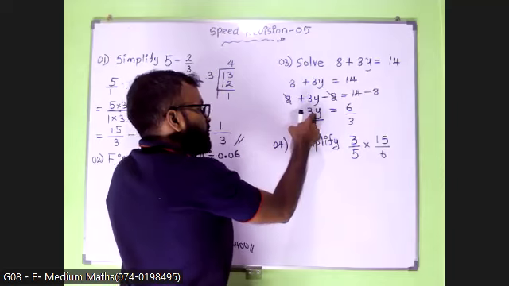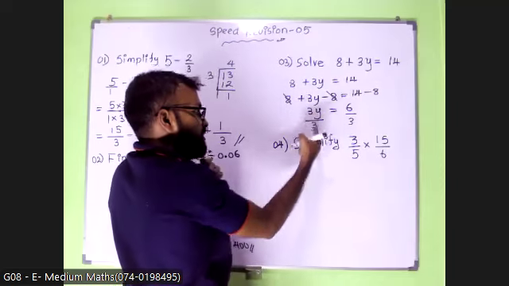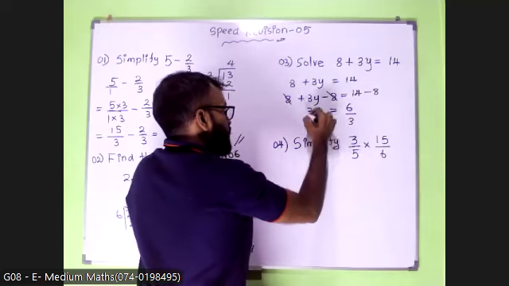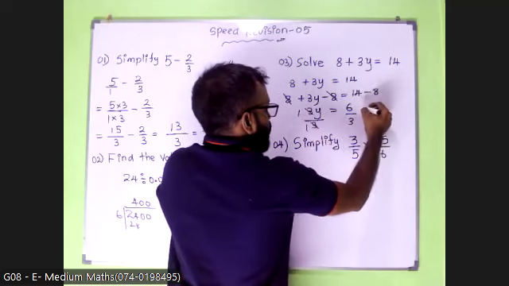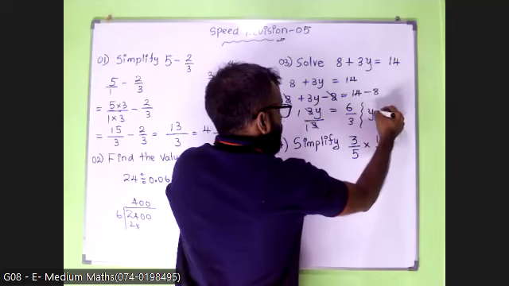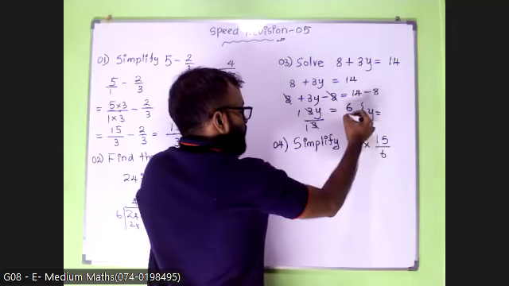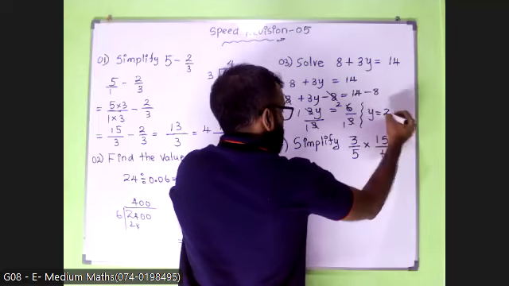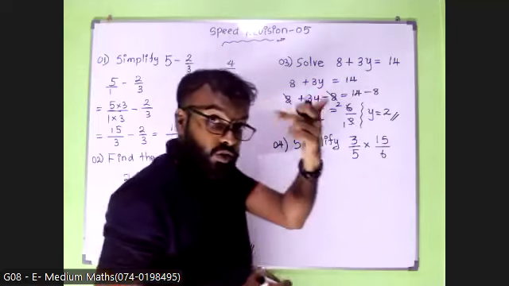The opposite of multiplication is division. So divide by 3, divide by 3. So y equals 6 divided by 3, which is 2. So y equals 2.